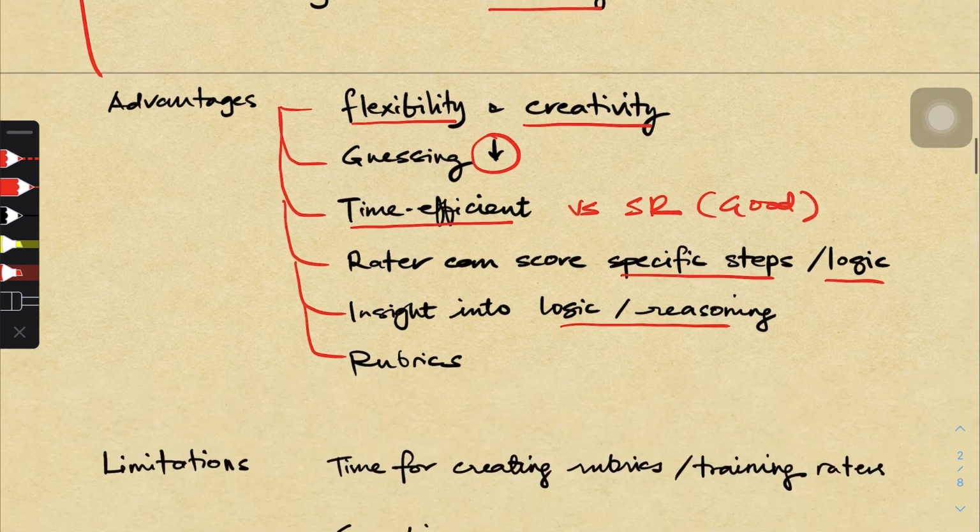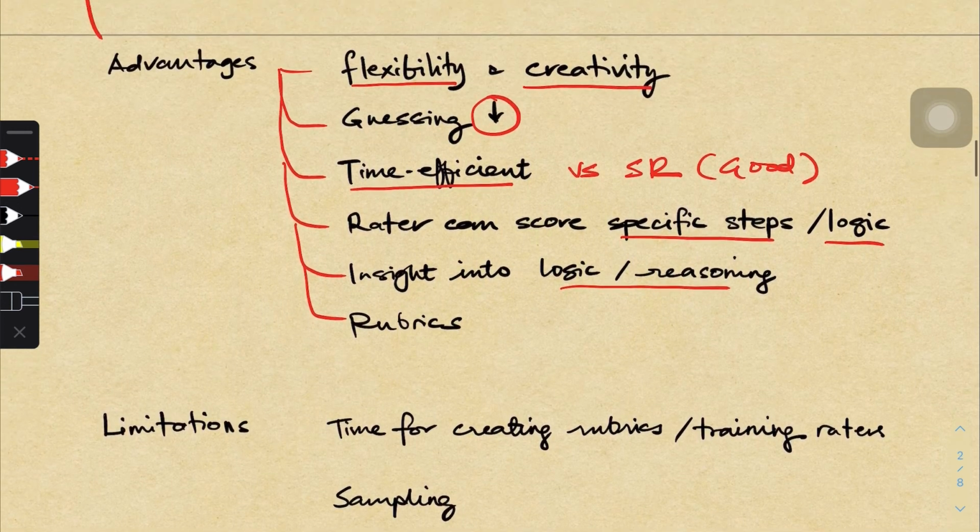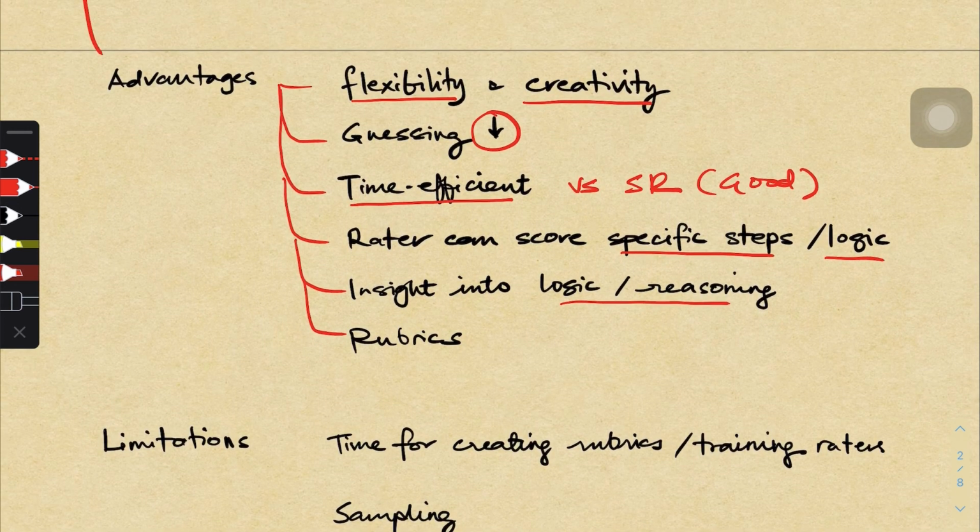Of course they have limitations. One limitation mentioned is that it does take up time, although less time, as mentioned just now, compared to selected response in coming up with the questions. But we need the time to create rubrics.